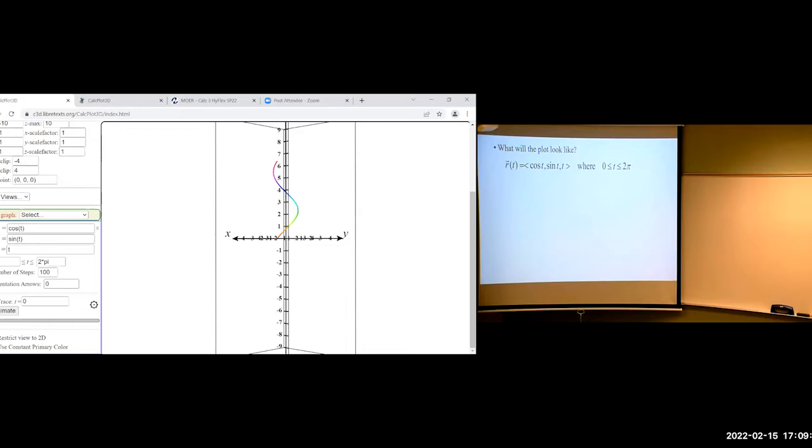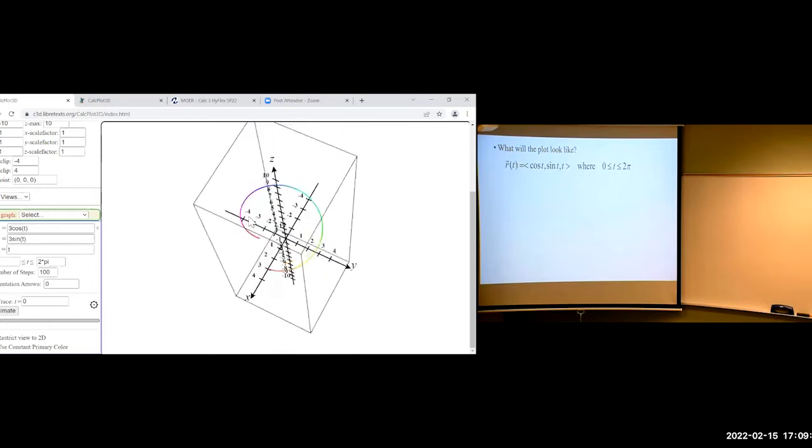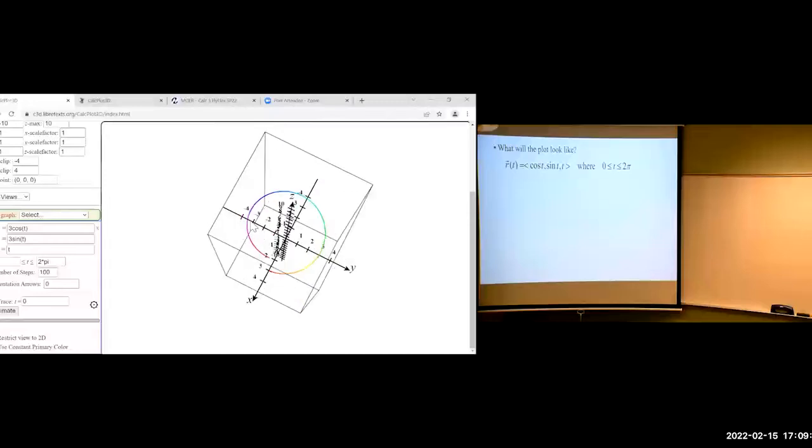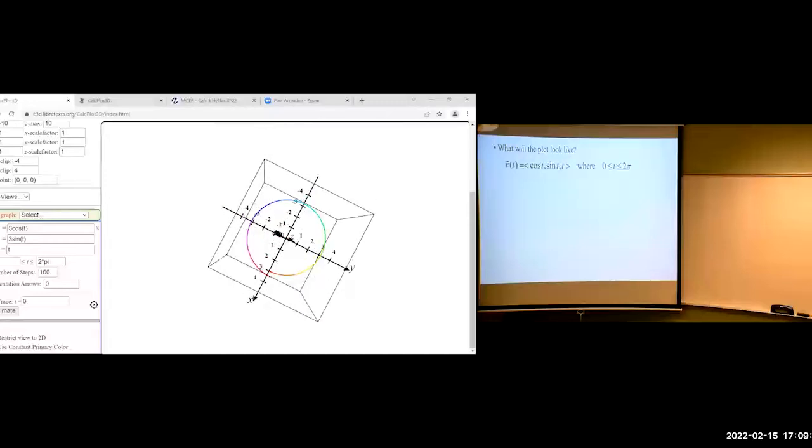What's creating that radius of 1? We saw that changing the z just made it go up. Yeah, Mark. You put a 3 in front of the cosine and sine. All right, let's give it a shot. 3 in front of the cosine and sine. And boom, there's our radius of 3. You can see it. If we look down that z-axis, we got a circle of radius 3.